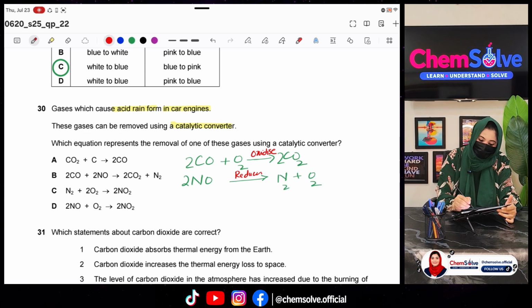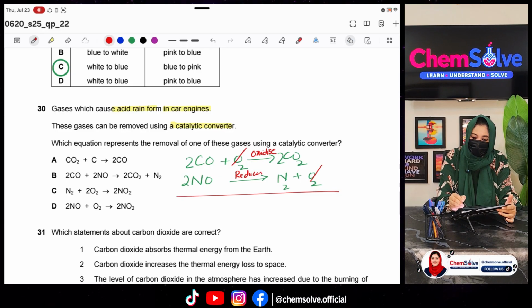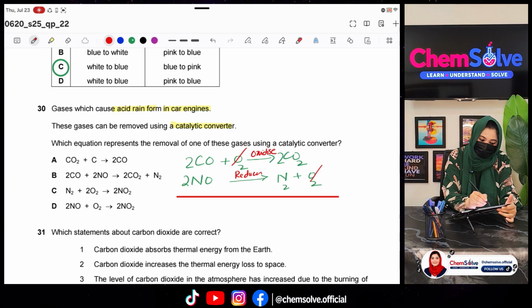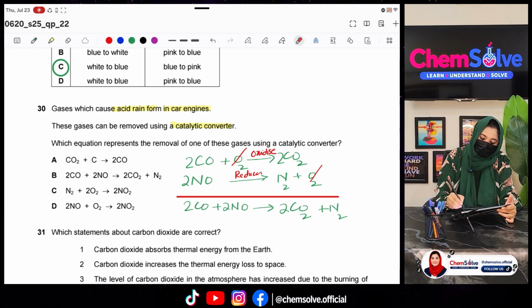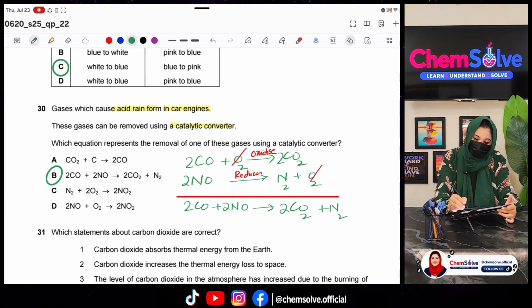So if we cancel out oxygen on both sides and add these equations, the resulting equation would be 2CO plus 2NO gives us 2CO2 plus N2, which exactly matches our option B. So I believe option B is the correct one.